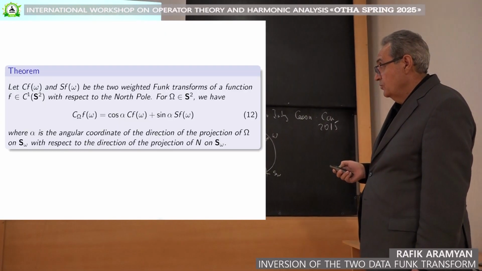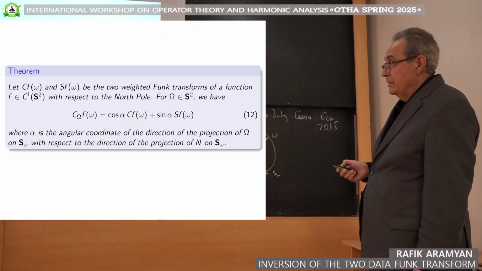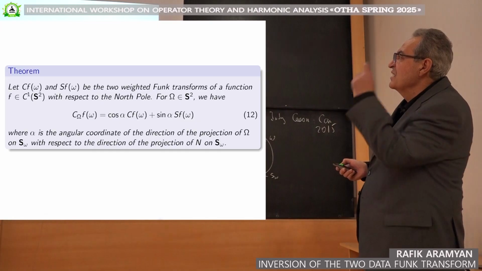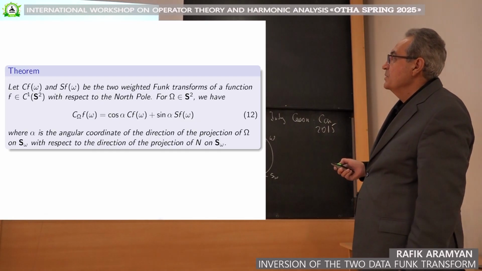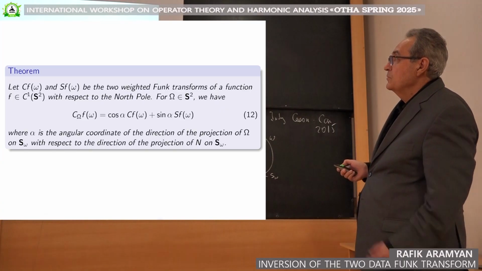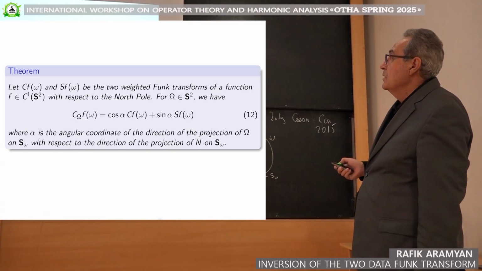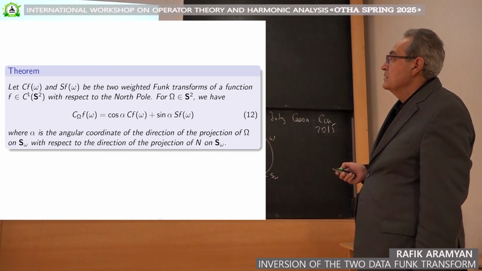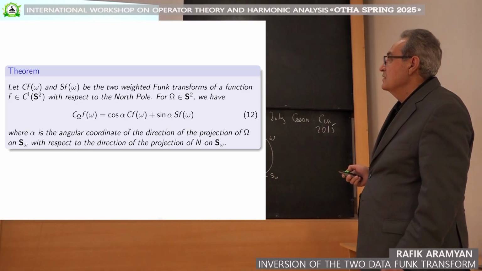So we have the following theorem. Let Cf and Sf be the two weighted transforms of function f with respect to one point, for example the North Pole. For any other direction omega, C omega has the following expression. Here, alpha is the following angle.